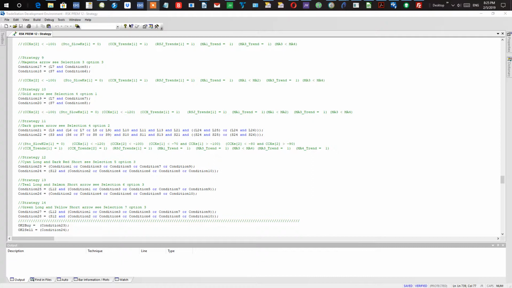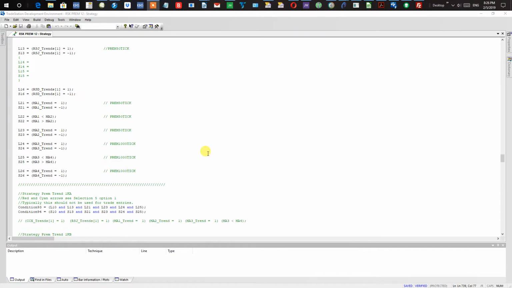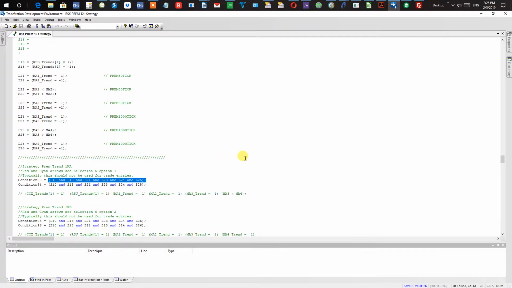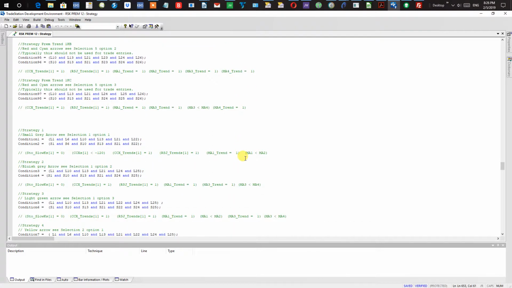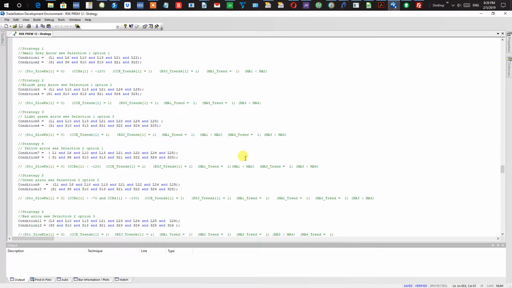A strategy could be programmed to look at just a specific condition or a string of conditions that make up one large strategy. And multiple strategies can be combined to generate trade signals.